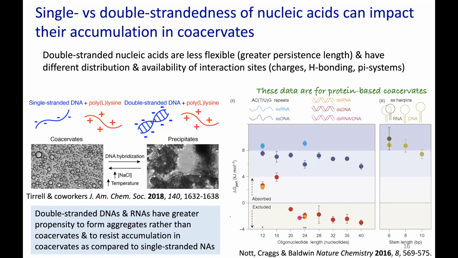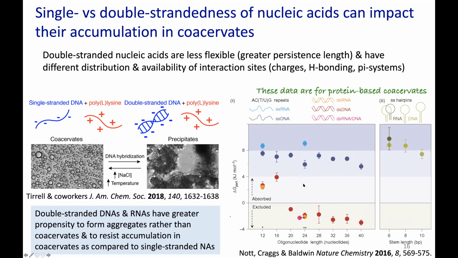What they've done here is they've taken an intrinsically disordered protein from modern biology, which makes coacervates inside cells, and they've asked what happens when you put different lengths and double-stranded versus single-stranded DNA and RNA. Do they go in or do they stay out? The blue ones here, they all go in. Those are all single-stranded DNA or RNA.